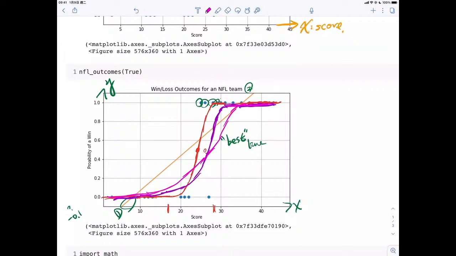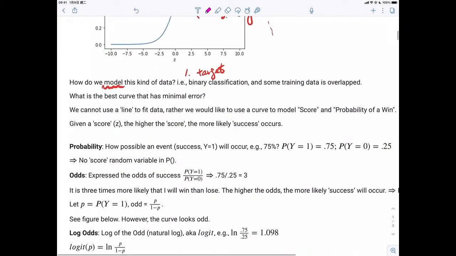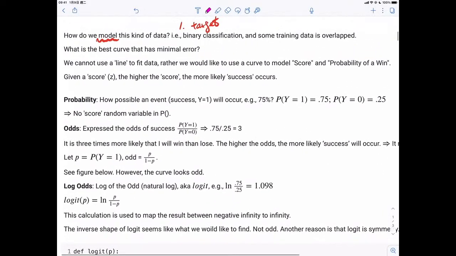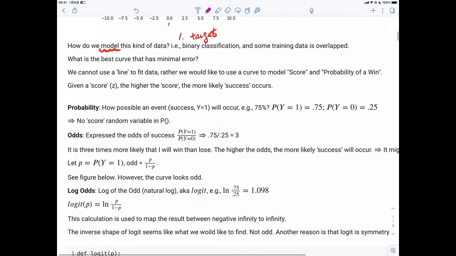We have different shapes, but we don't know which one is better, so we have to find a loss function to help us measure which curve, the red, the purple or the pink one, is the best curve to describe the training data.